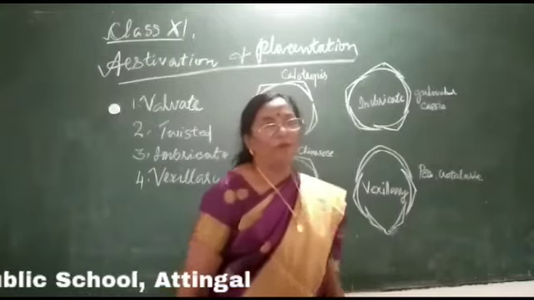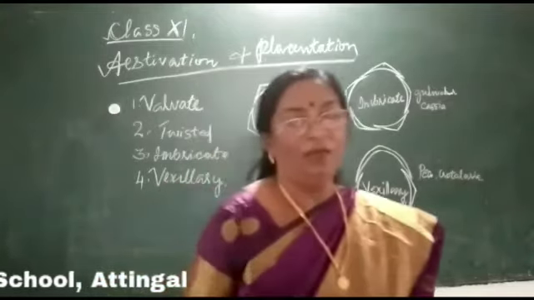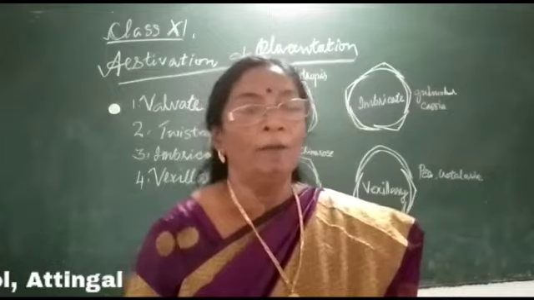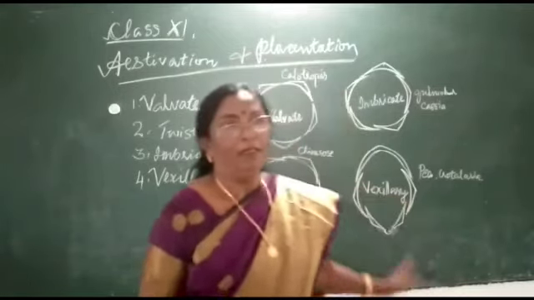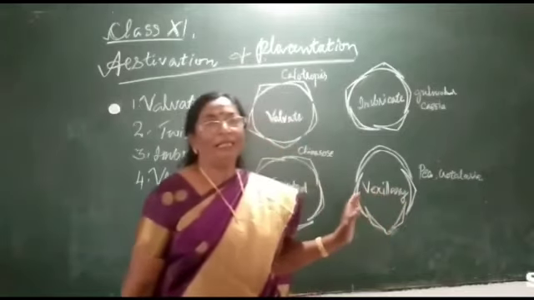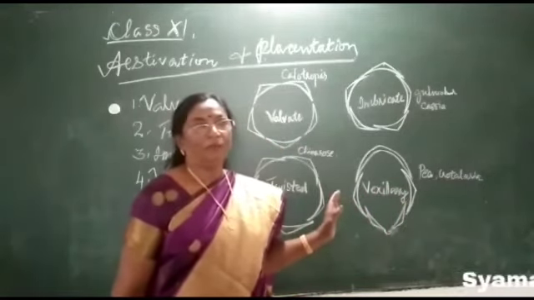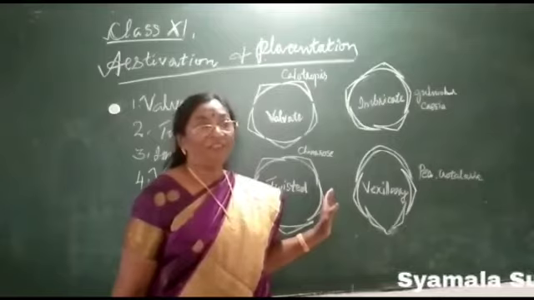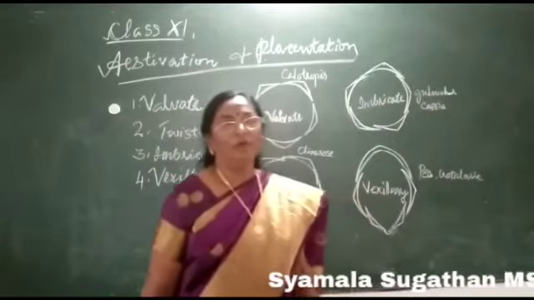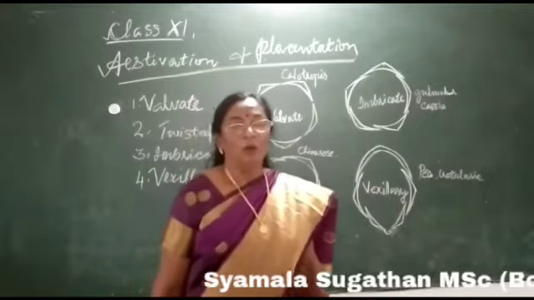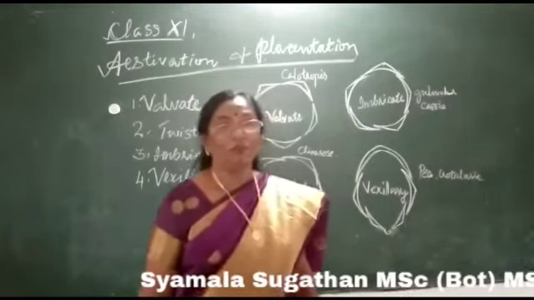Then the fourth type of aestivation is vexillary or papilionaceous. This is usually seen in pea, crotalaria, etc., especially in the family Fabaceae. We can see this type of arrangement of corolla leaves or petals of corolla.